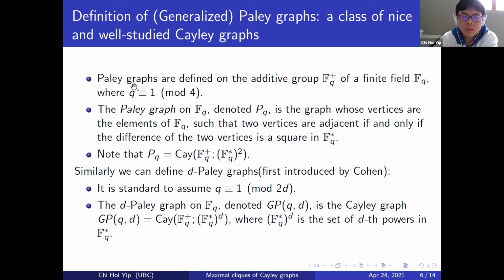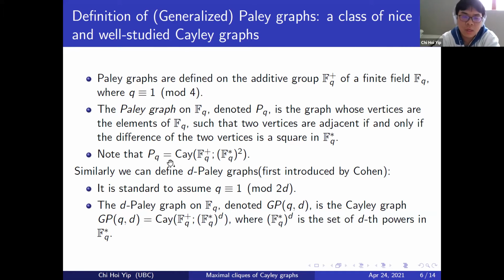Paley graphs are defined on the additive group F_q^+ of a finite field F_q, where we need to assume that q is congruent to 1 modulo 4, because we want the graph to be an undirected graph so that we can talk about the clique number. The Paley graph on F_q, denoted P_q, is the graph whose vertices are elements of F_q, such that two elements are adjacent if and only if their difference is a square in F_q star.